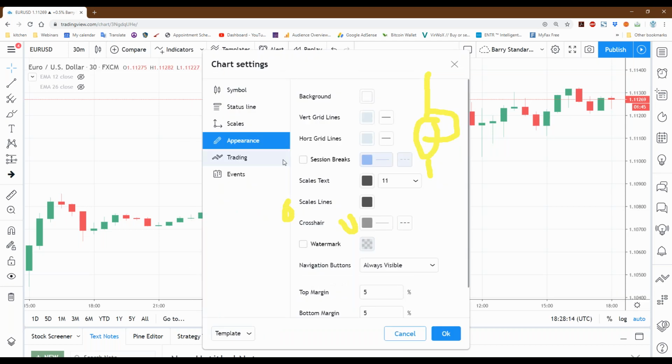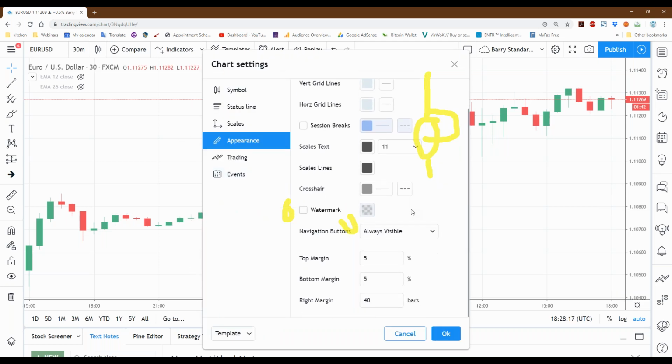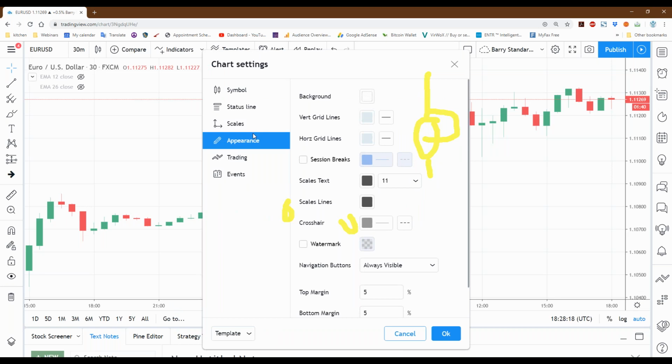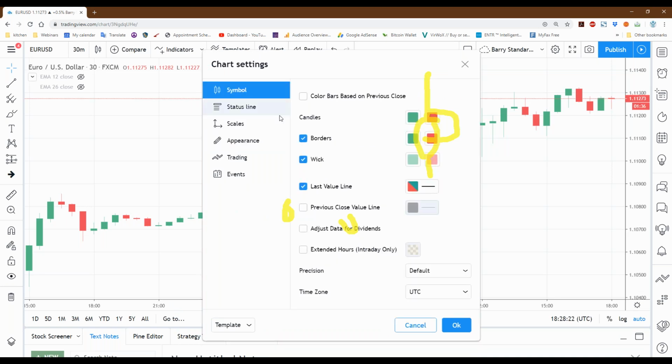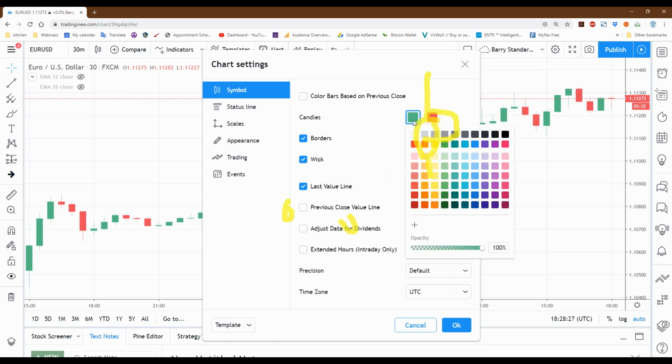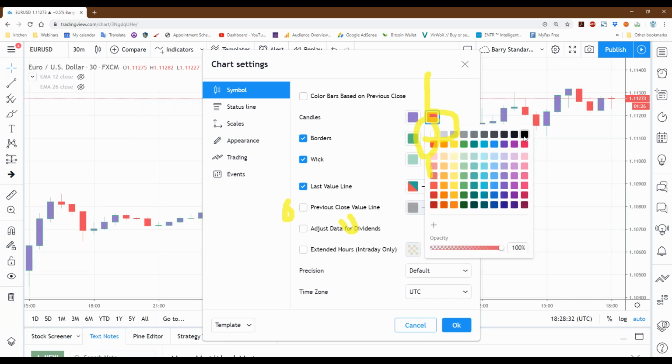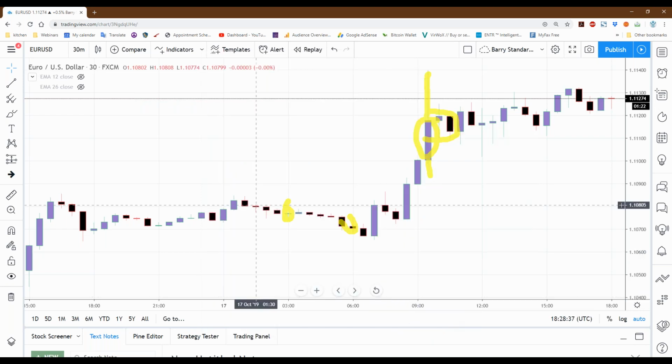because you can set your candles and use any colors you wish for your candlesticks. You can decide you want to use orange and red. As long as you know which one is bullish and which one is bearish, you're perfectly fine.